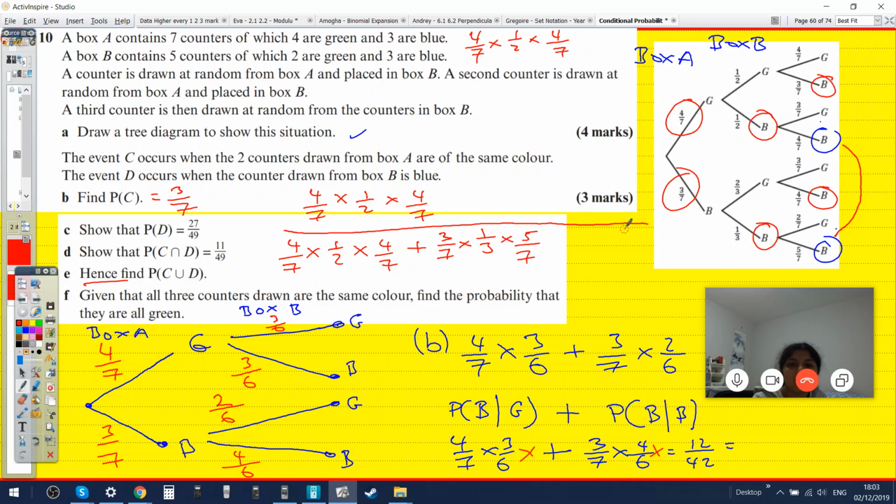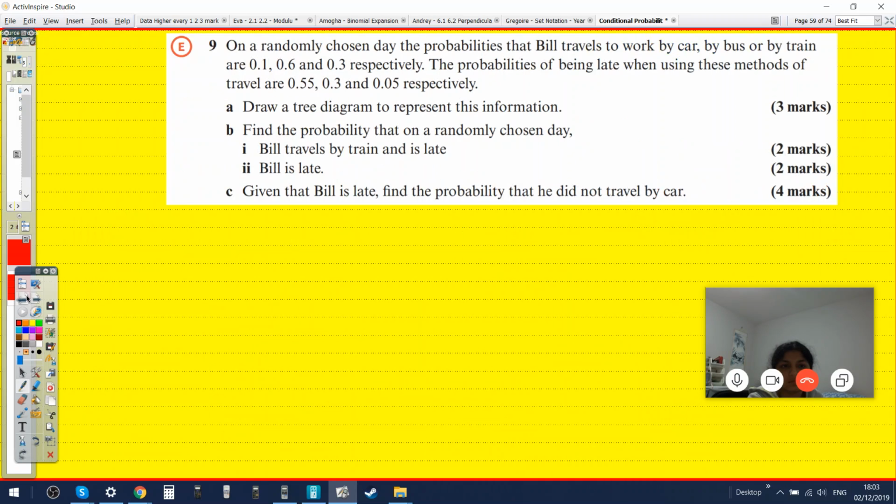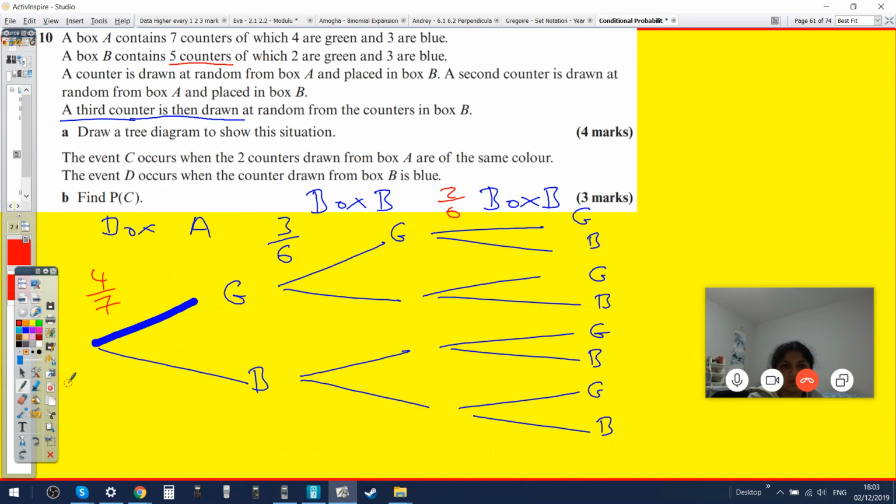Because it says a second counter is drawn at random from box A and placed in box B. Ah, that's where they're getting it from. Okay, yeah, I understand now.